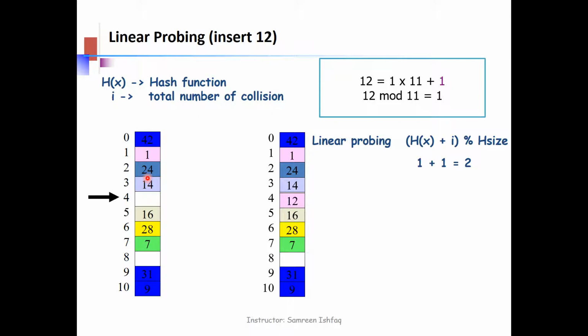This time the number of collisions is 2. The value of the hash function was 1. 1 plus 2 is equal to 3. Now we will check the third index. Again collision occurs. Total number of collisions is now 3. So 1 plus 3 is equal to 4. Now we will check the fourth index, that is an empty slot. Data will be inserted at the fourth index.